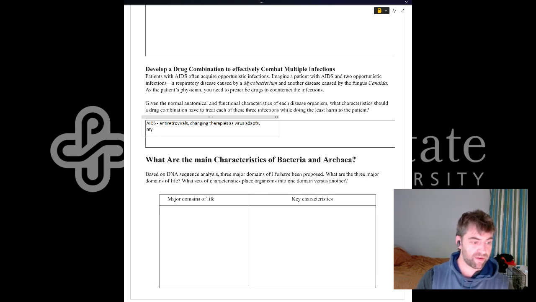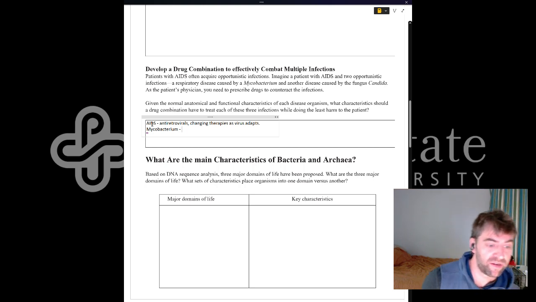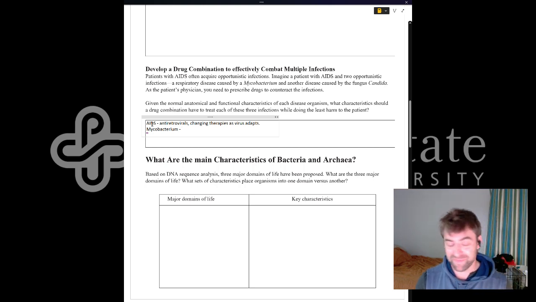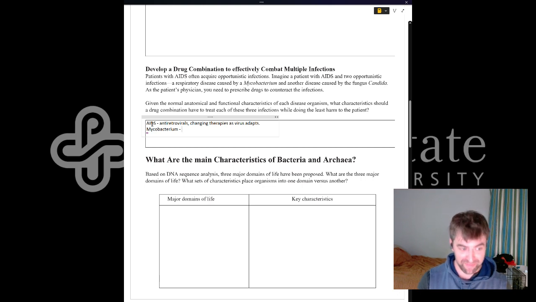The mycobacterium we can treat with antibiotics specific to this bacteria. The best option for treating this particular one would not be penicillin, for example, because while penicillin compromises the peptidoglycan wall of many bacteria, mycobacterium is not affected by penicillin.